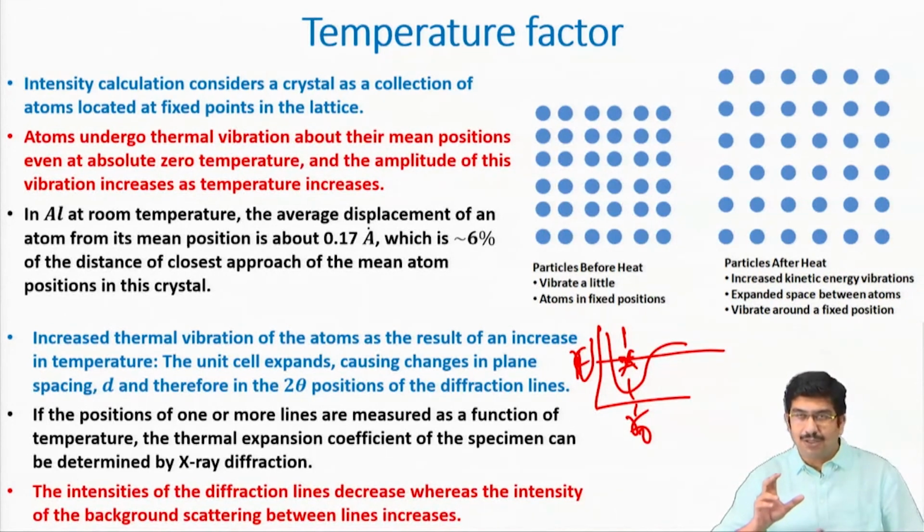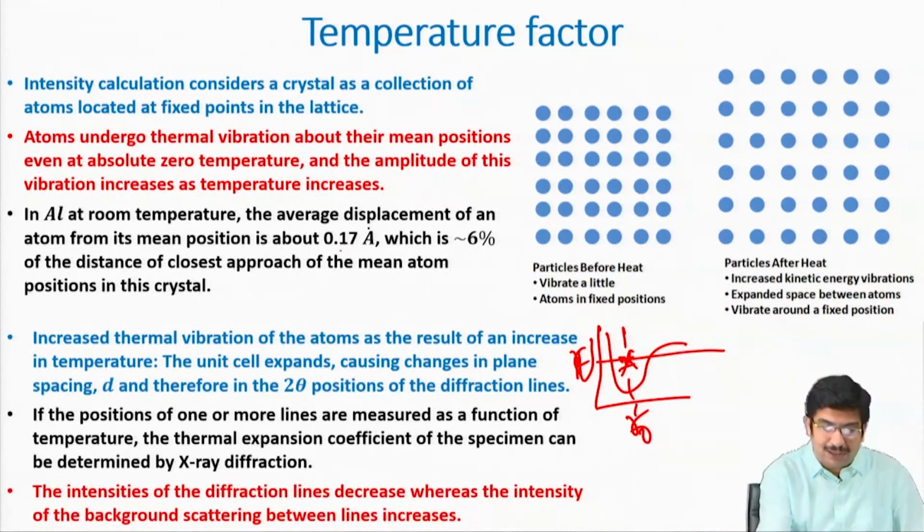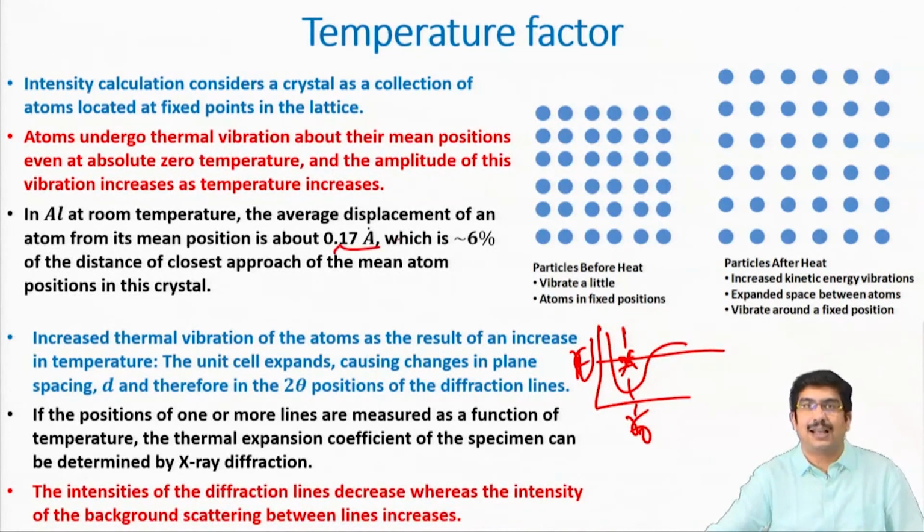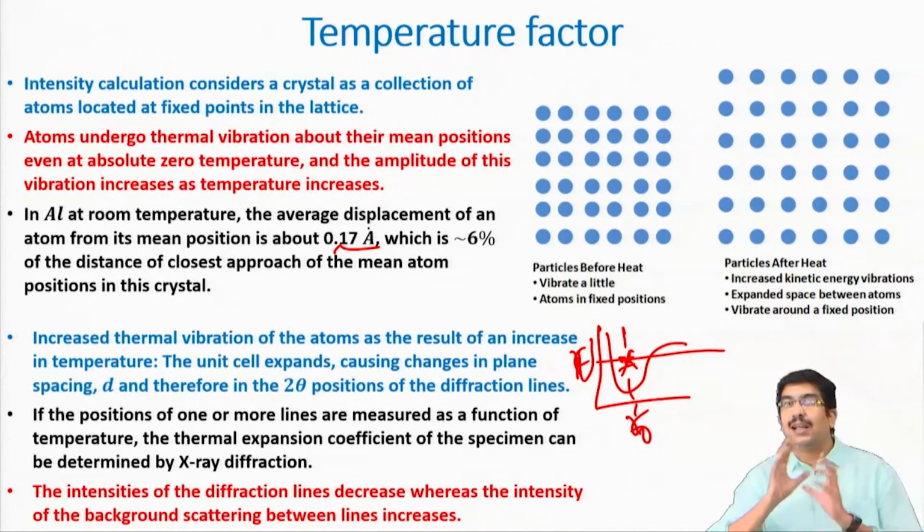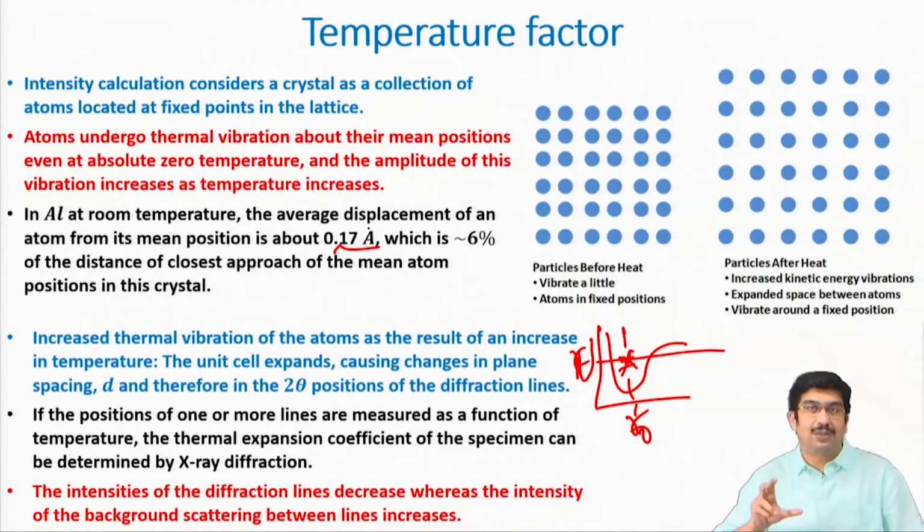Now this amount, 0.17 angstrom, is almost the distance of separation between electrons within the atom itself. So if the entire atom is vibrating and covering this much distance, that will impact the intensity of the diffracted beam.